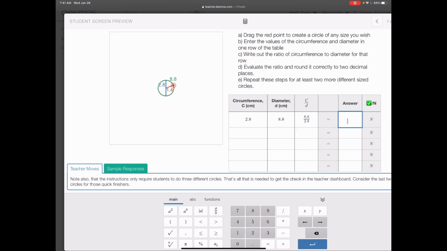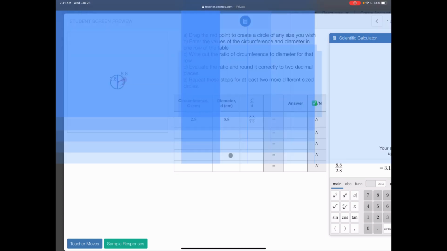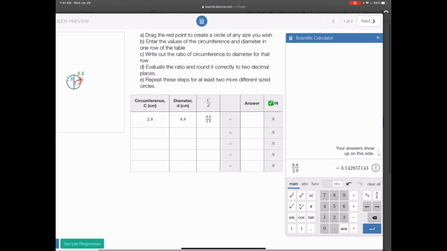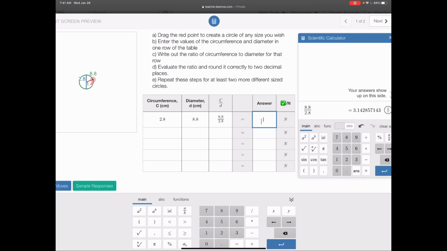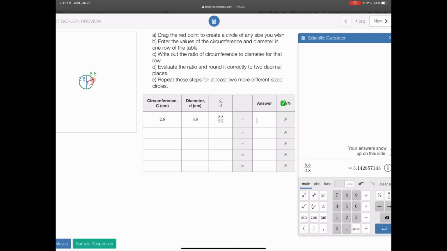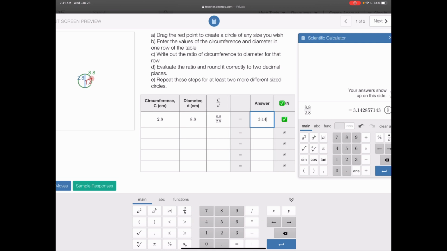We'll use a calculator. 8.8 divided by 2.8 is, here we go, 3.1428, okay? Does that look familiar at all? We got 3.142. We're going to keep it as 3.14, okay? So that is the ratio.